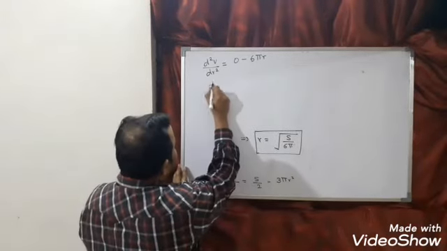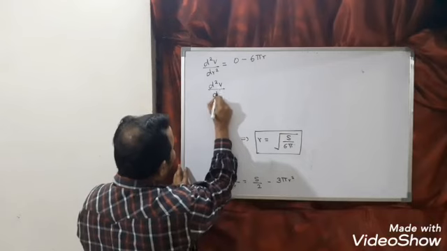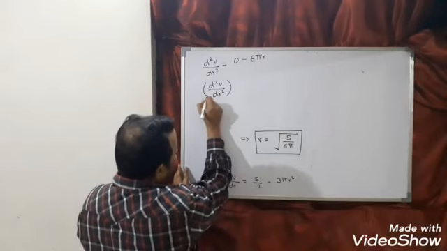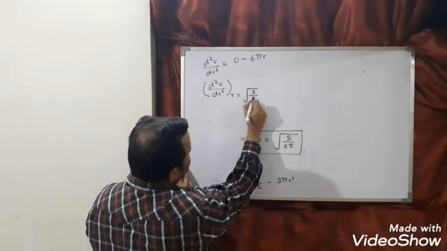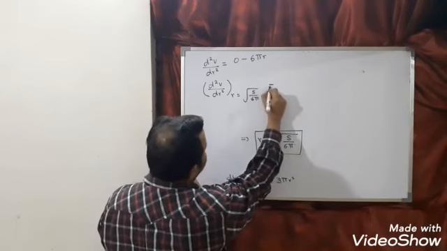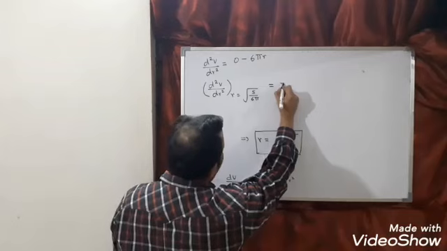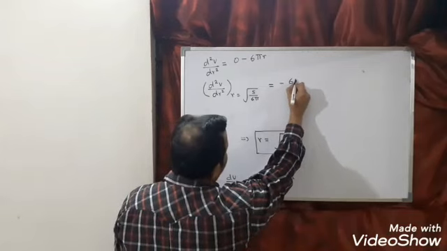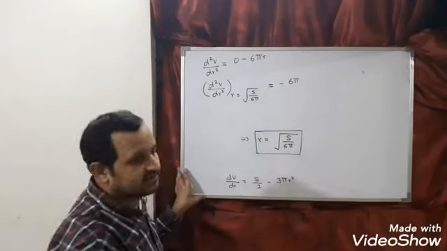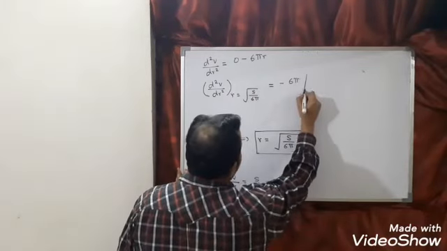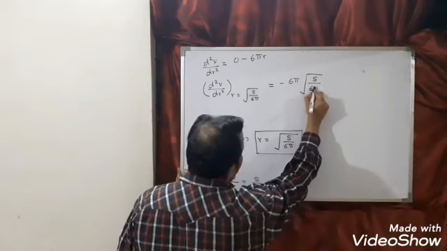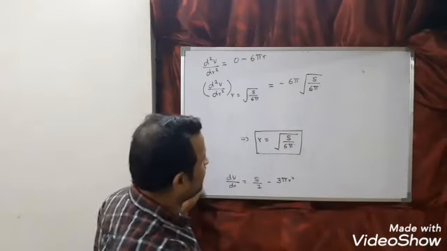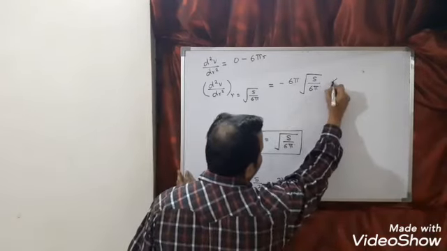Or I can say d square V by dr square at r is equal to square root of s divided by 6 pi is equal to, how much is this value? It is minus 6 pi times r. What is r here? r is nothing but square root of s divided by 6 pi. So no need to calculate, I can say this total value is negative.